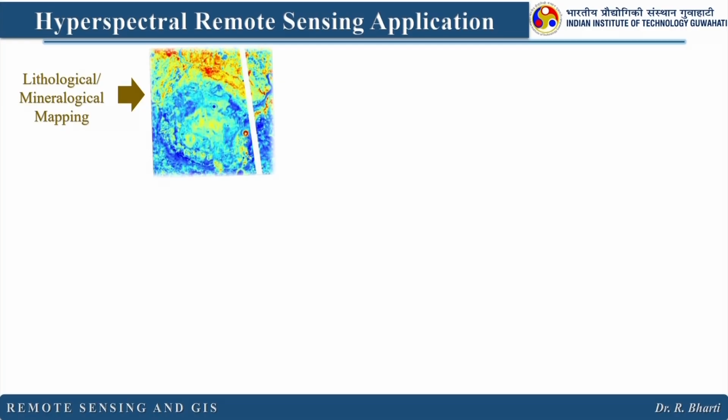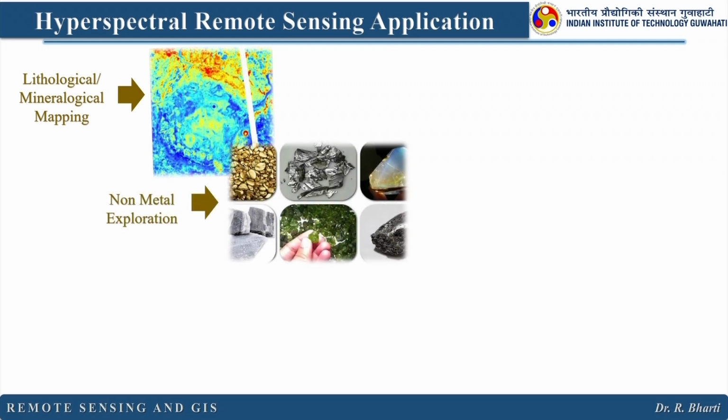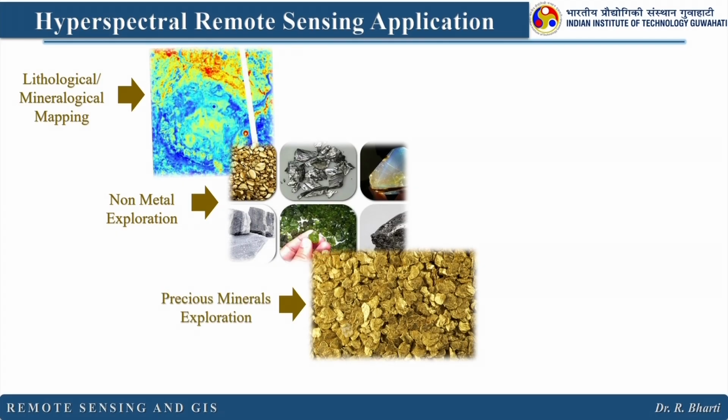Before that, just to refresh your memory, I want to highlight the different applications of remote sensing which I have already covered in the previous lecture. The first application is where we use hyperspectral remote sensing or spectroscopy for lithological mapping and mineralogical mapping. The next application is non-metal exploration. Third is precious mineral exploration.